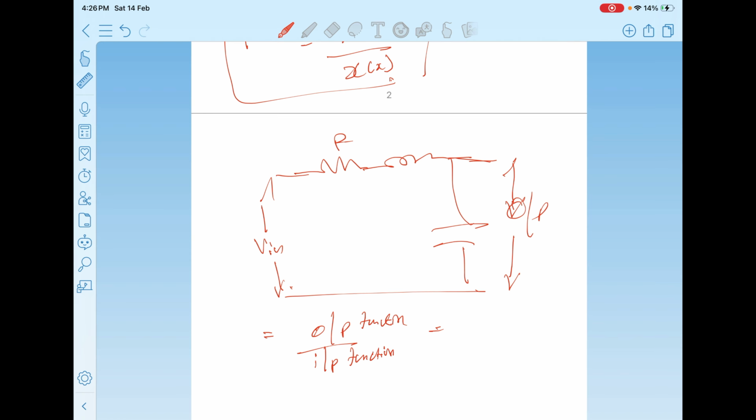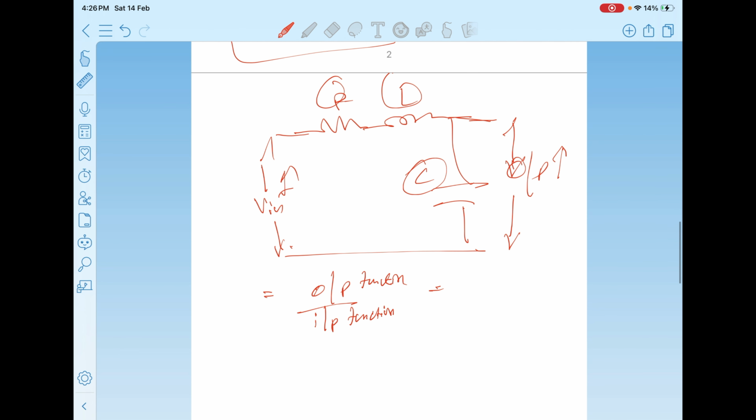How is this transfer function useful next time if you want to change the output value to a different value? Use this transfer function, and you will get to know what R and L value and capacitor value you have to change, or whether you have to change the input voltage. That will be understood by just calculating this. This is the advantage of transfer function.